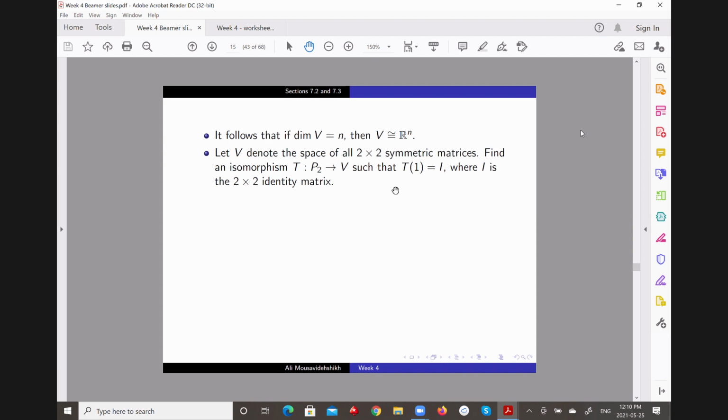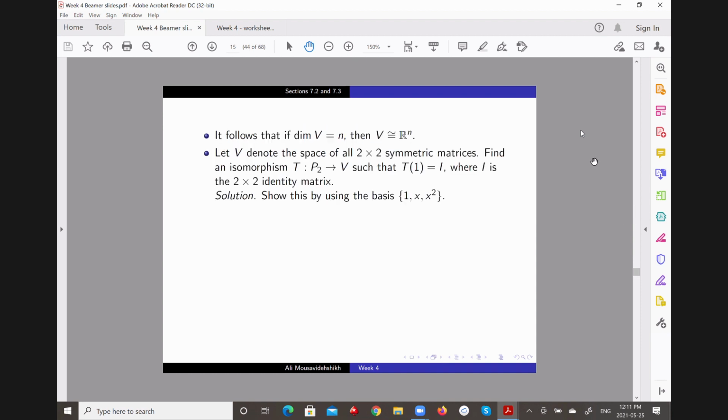So remember, P2 is the set of all polynomials up to degree 2. And remember, the dimension of 2x2 symmetric matrices, we did this before, is 3. So there should be an isomorphism between P2, which has dimension 3, and V. And the way we do this, we use the basis 1, x and x squared, which is the basis for P2.